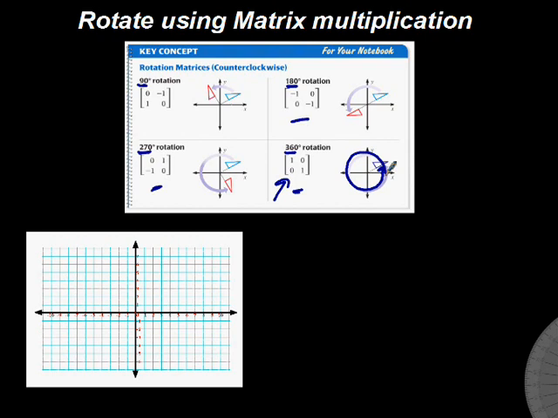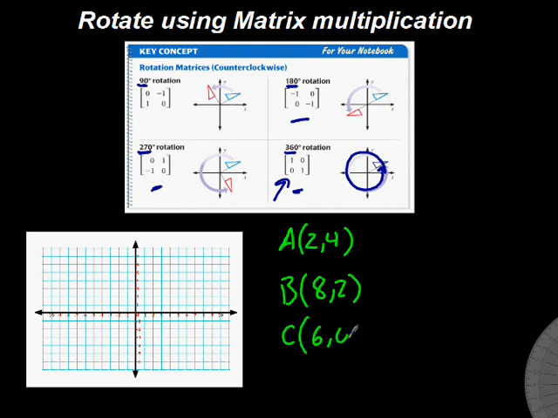Okay, let's do an example here. Let's draw a triangle. Let's start out with triangle A at (2, 4), B at (8, 2), and C at (6, 0). Let's plot these points. We've got (2, 4), that's A. B is (8, 2), that's B. And C is (6, 0).